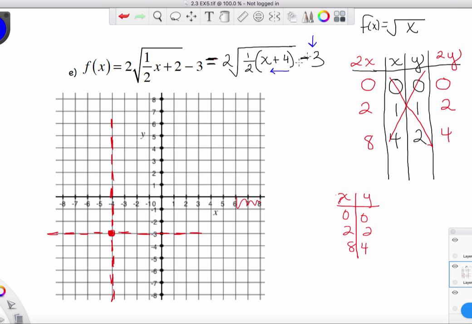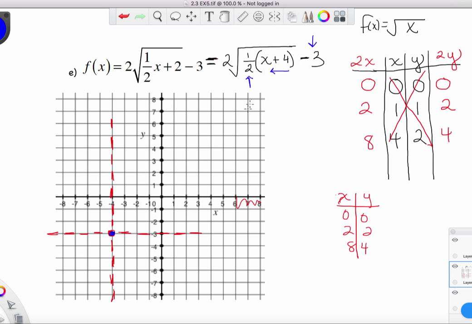So I took care of my shifts, and then normally my first ordered pair is 0, 0. That's not going to change for the square root problem. And my next movement would be over 1 and then up 1, to the right 1 and up 1. Well, my horizontal movement can no longer be to the right 1.